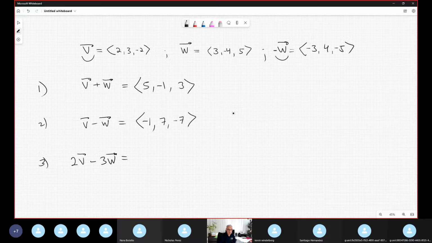So for example, 2B is multiplication by 2 of the vector B. So it is (4, 6, -4). Do you understand this? This is 2B. We multiply 2 by 2, and 3, and negative 2, right?